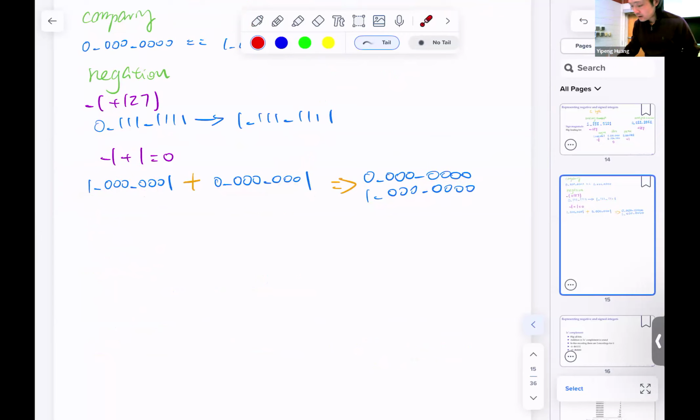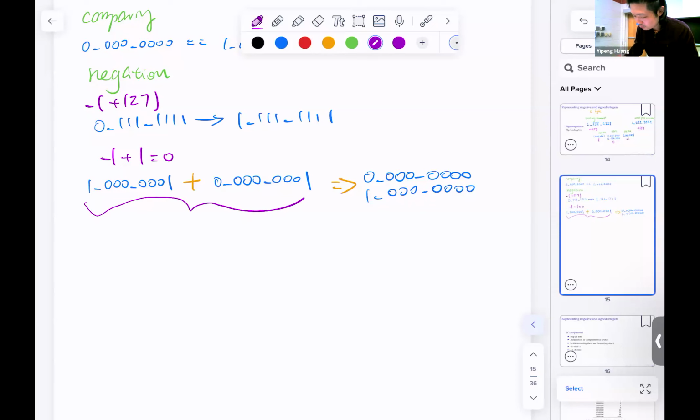If I just did a naive thing, which is I performed bitwise add on these two numbers together, I add in the normal way, the intuitive way. What will this become?